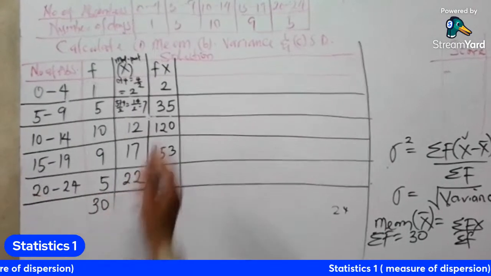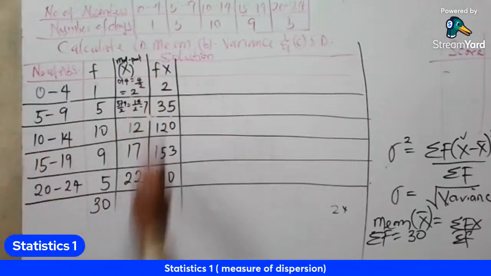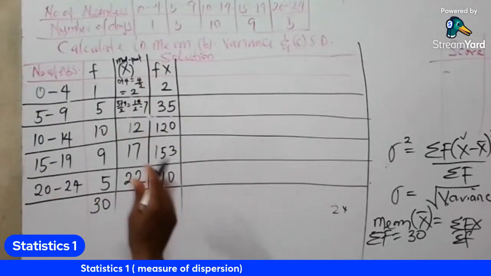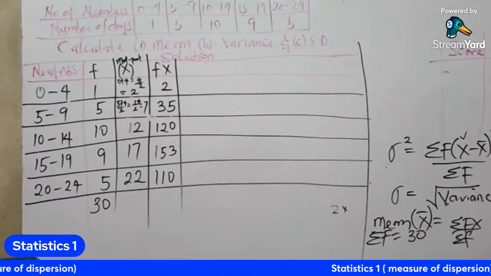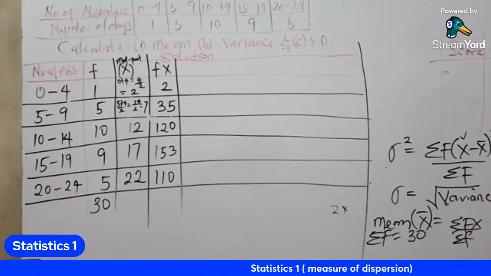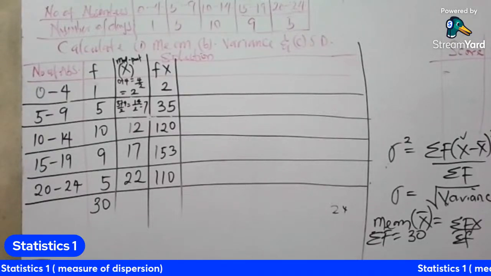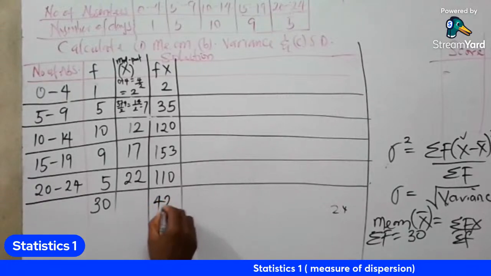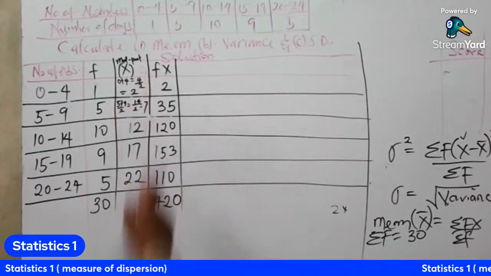So at this juncture, for me to get my mean, I need to add everything together. I'm going to add 2 plus 35 plus 120 plus 153 plus 110, and that will give me 420. I can reconfirm this. In exam, make sure you try to reconfirm your answer.